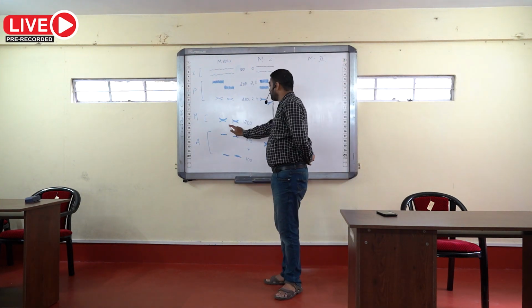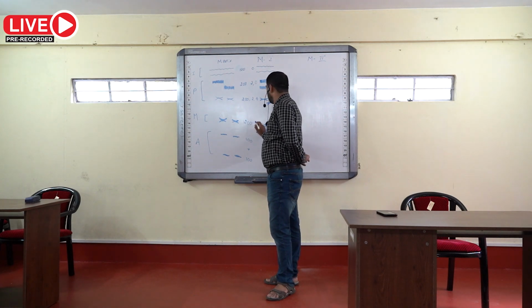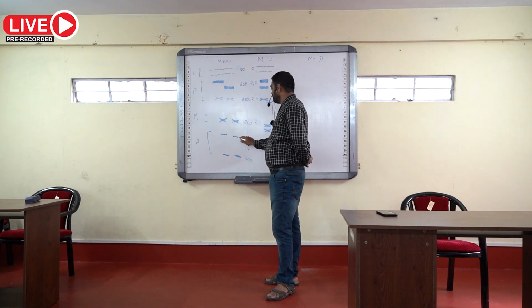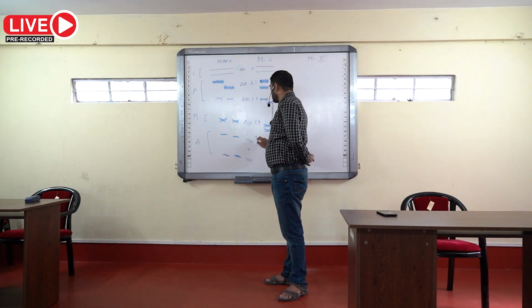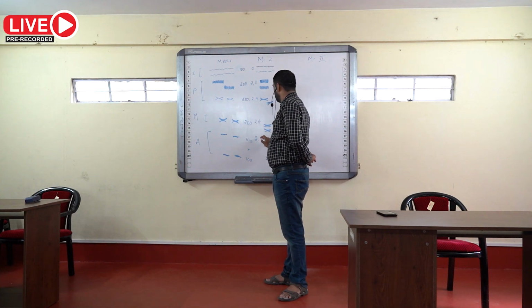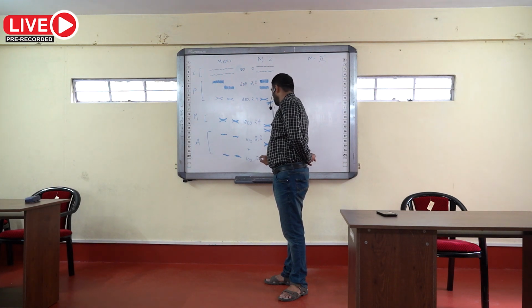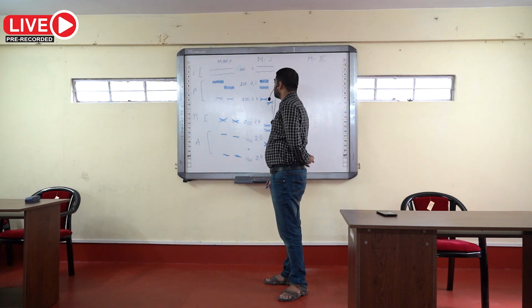Then here, how many chromosomes are there? 2 chromosomes. How many chromatids? 4 chromatids. Here, how many chromosomes? 2 chromosomes. How many chromatids? 0. In the other cell also, 2 chromosomes, 0 chromatids.